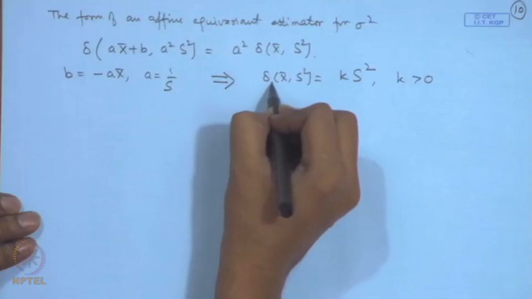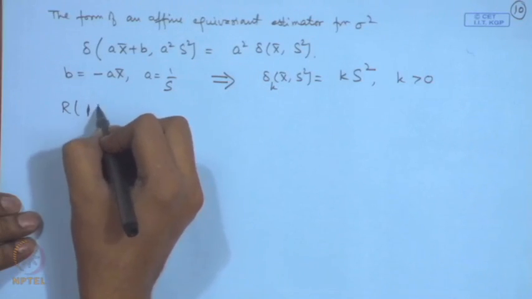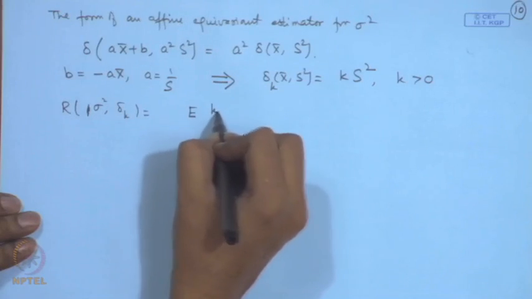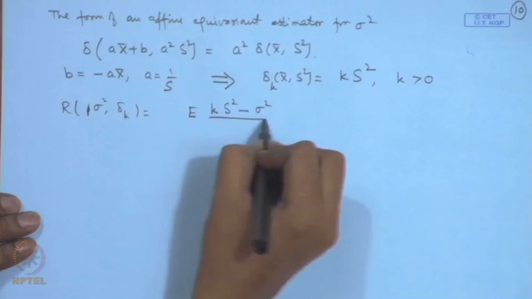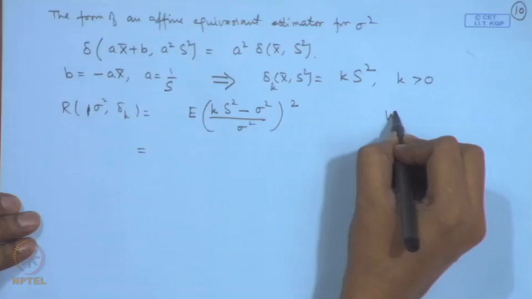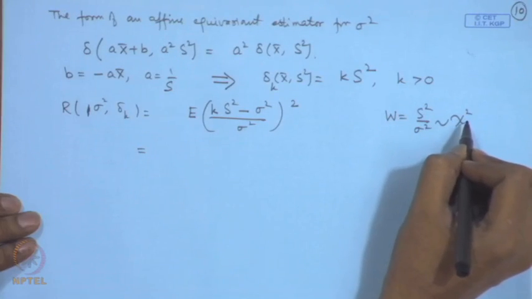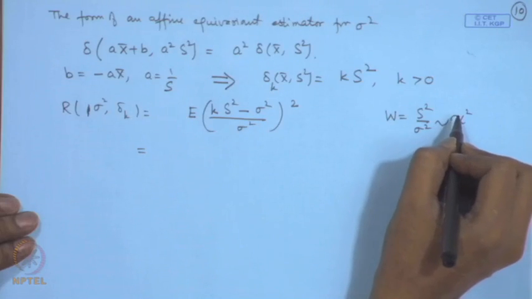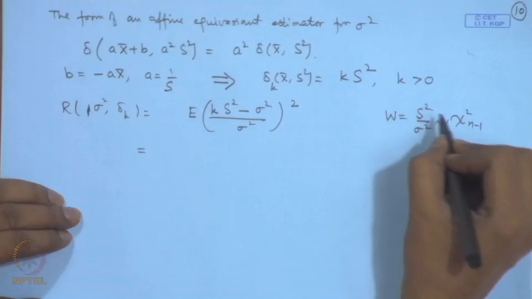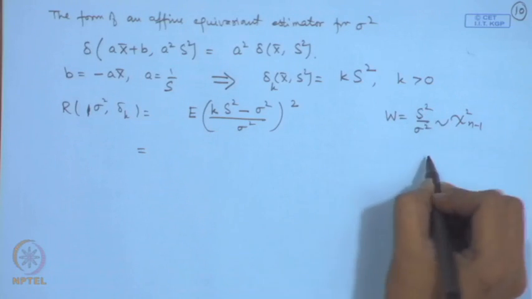Let us look at the minimization of the risk of delta k, that is equal to expectation of k s square minus sigma square by sigma square, whole square. Let us use the notation W equal to, say, s square by sigma square, that follows chi square n minus 1. Actually, it will depend upon what notation for s square I am using.